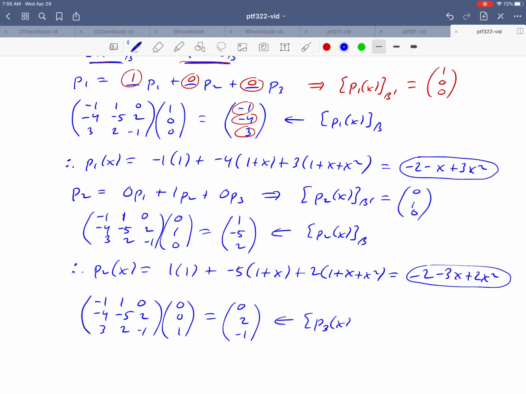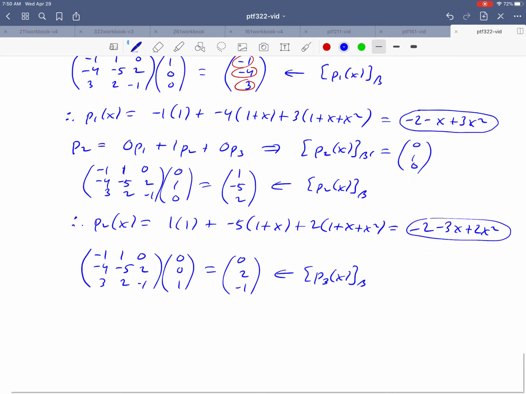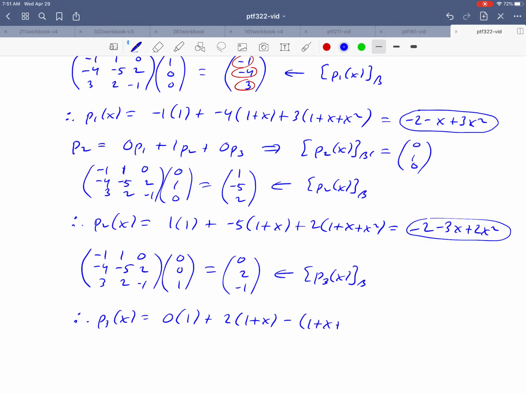That should be the coordinate vector of p3 relative to beta, and it gives us a way to build p3. So p3 is going to be 0 times 1, plus 2 times 1 plus x, minus 1 times 1 plus x squared. Do the arithmetic, and you get 1 plus x minus x squared. And there's the value of p3.